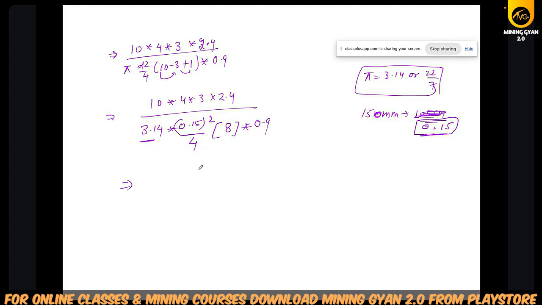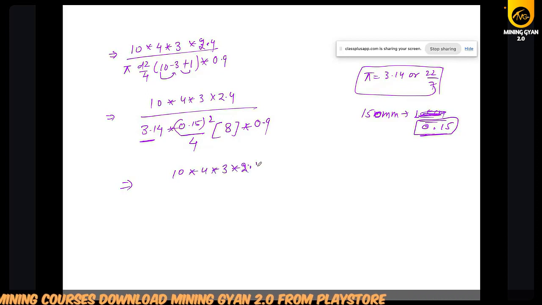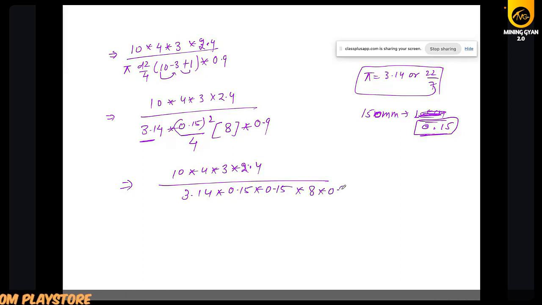Now it is just the calculation part. So 10, 4, 3, 2.4, divided by 3.14, 0.15 into 0.15 into 8 into 0.9.